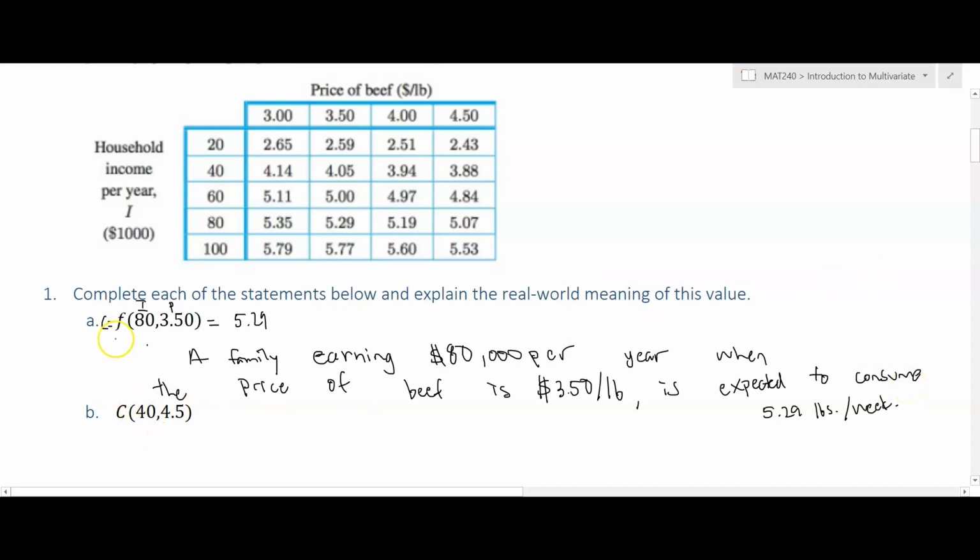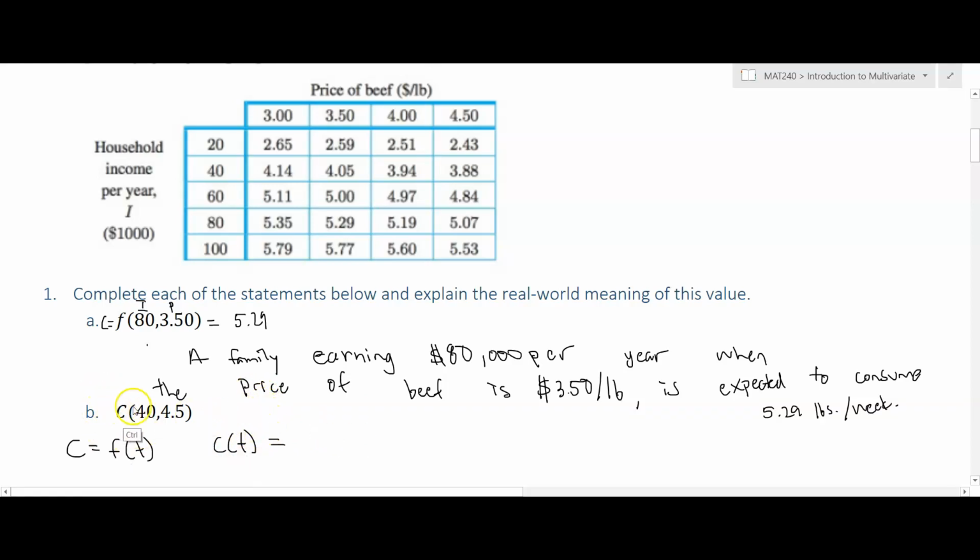Now we can say the same thing here. Notice that our notation is a little bit different. We're not using F of, but we're using C of. And that's totally fine because sometimes when we write even things in algebra, like if we said C is F of T, then a lot of times you'll see the function just show up as C of T equals and then whatever that function is.